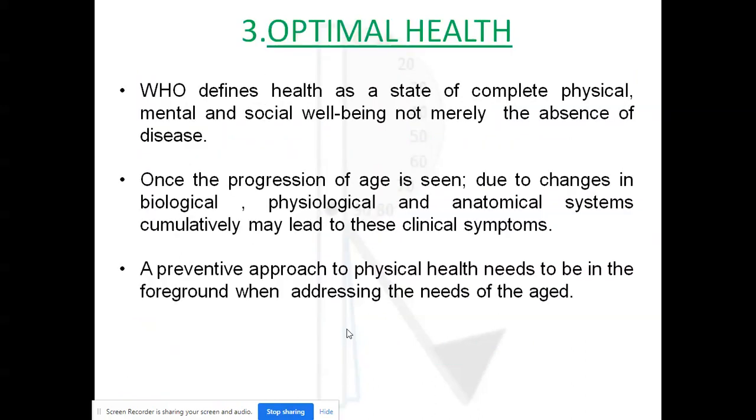Last slide, sorry. Coming to optimal length. According to WHO, health is defined as a state of complete physical, mental, and social well-being, and not merely the absence of disease. With the progression of age, due to changes in various systems, which we have already discussed in the first video, they might land up with clinical symptoms such as osteoarthritis of the knee.